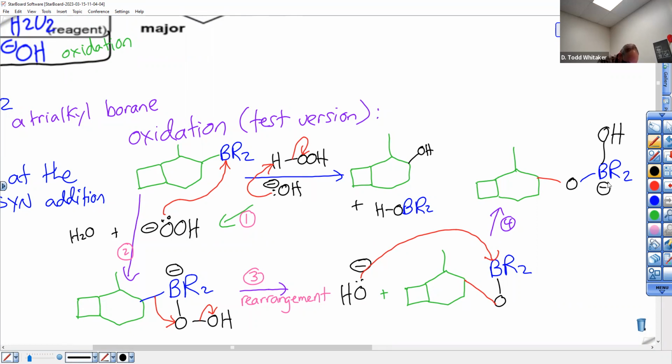And tell me, I told you the 6th step was what kind of reaction? Acid base. Doesn't that hint something about this? Base plus acid.